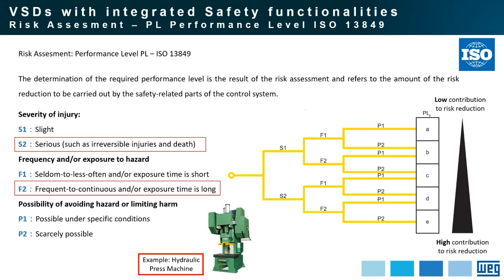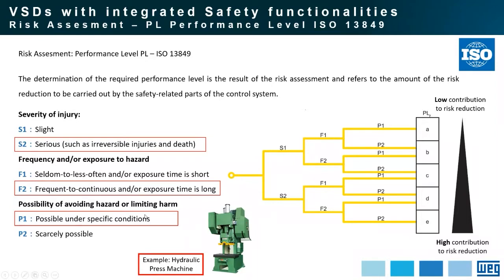This machine also operates with frequent to continuous exposure time. And additionally, it is possible to make some reductions of the risk with the hydraulic press machine, like using additional safety devices. And so we will classify it as possible under specific conditions.